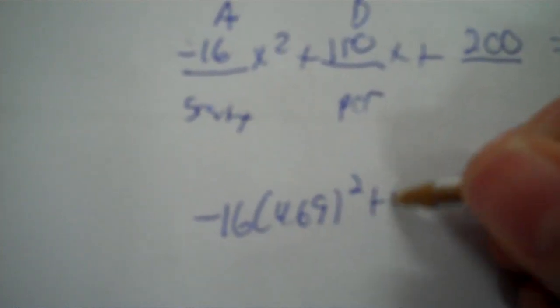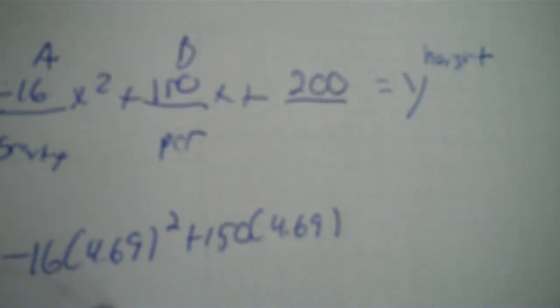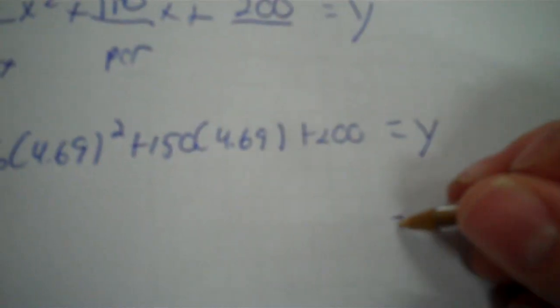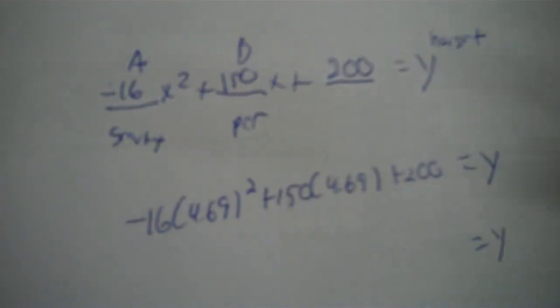Now we put 4.69 in for the x's, or you can just do it in the calculator, because this is our input to find the actual feet. We're putting feet in here to find the maximum height. I plug it in, and that will be equal to my y.